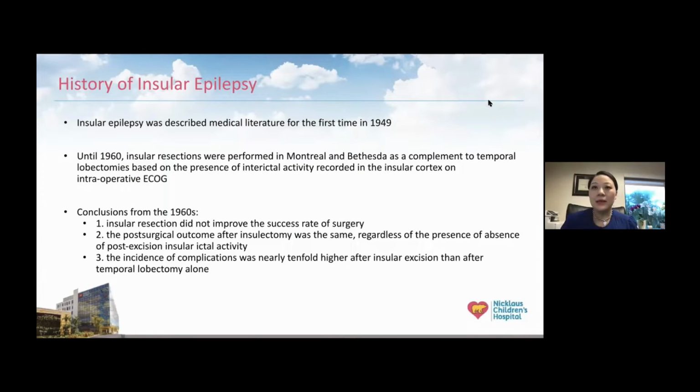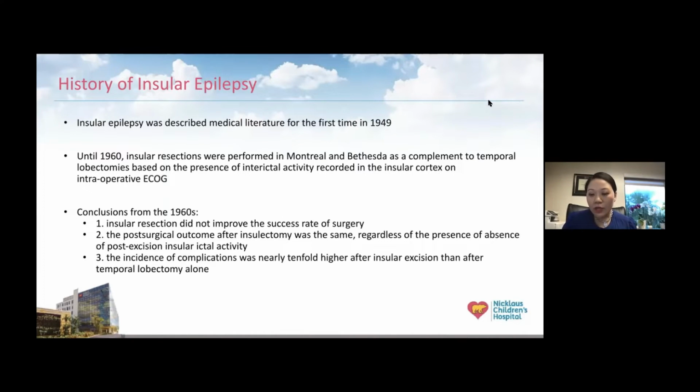So as we understood more about insular epilepsy, it was first described in the literature in 1949. Between 1949 and 1960, insular resections were performed as a complement to temporal lobectomies based on the presence of interictal activity recorded in the insular cortex during intraoperative ECoG.